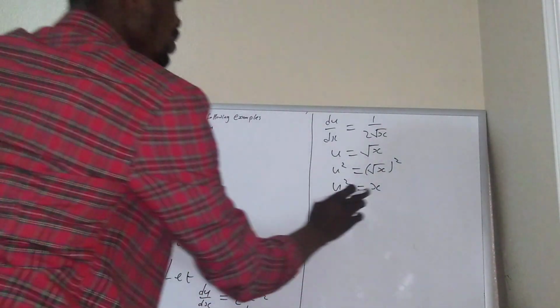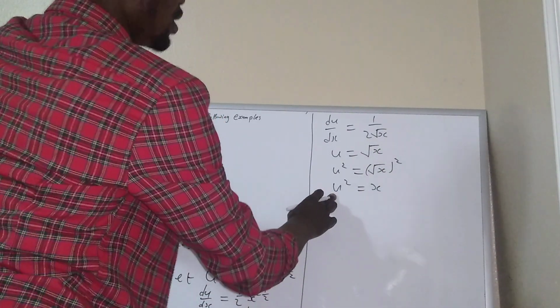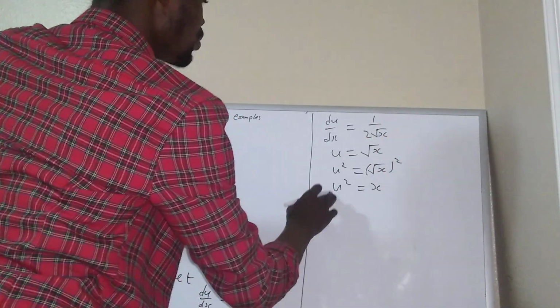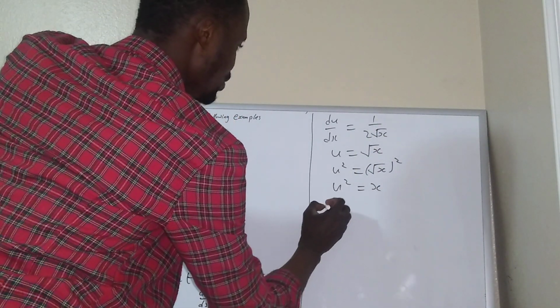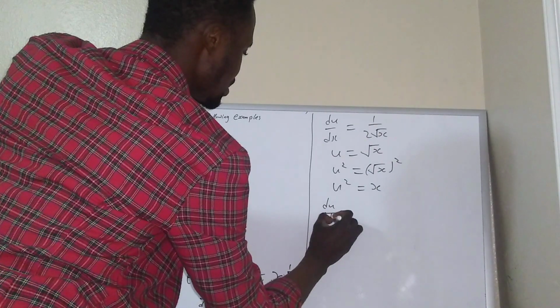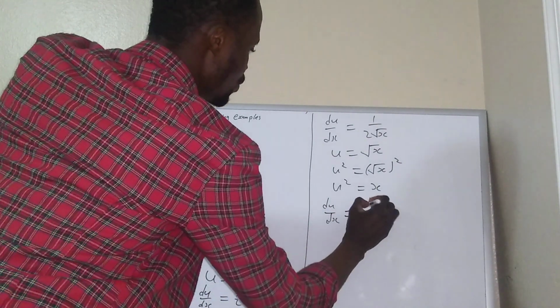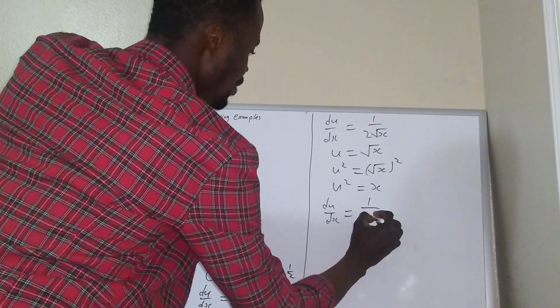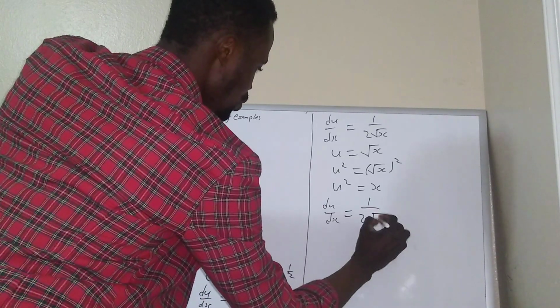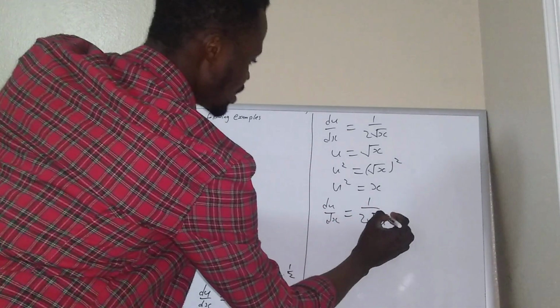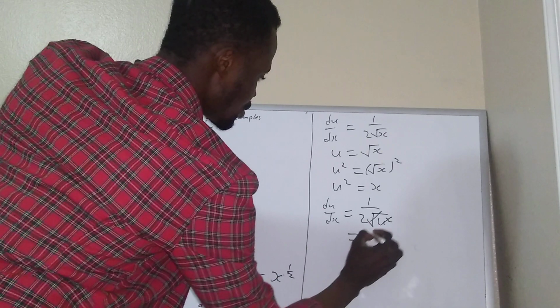Okay, so now we know that our x is equal to u square. So in place of x here, we can put in u square. So we are going to get du dx, which is equal to 1 on 2, then we have root of u square. By this one, cancel this. So we have what?